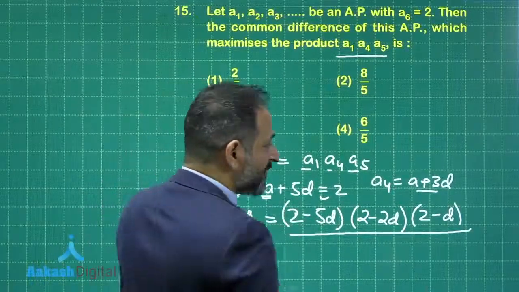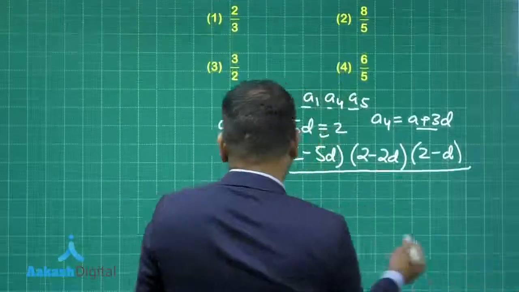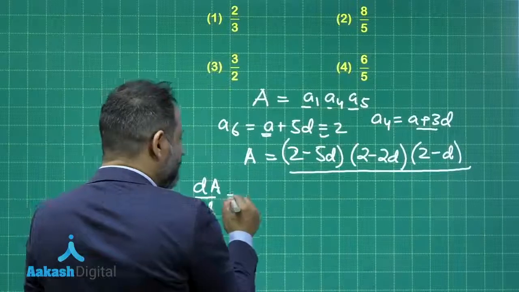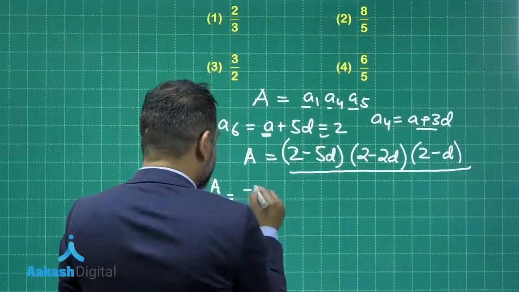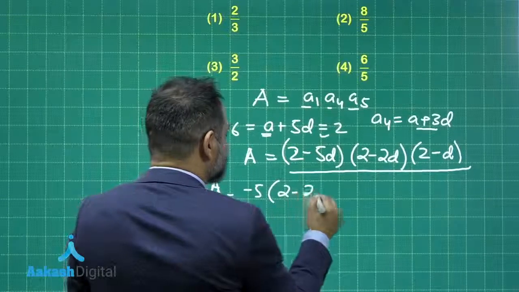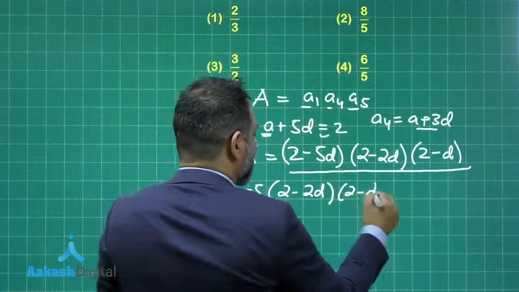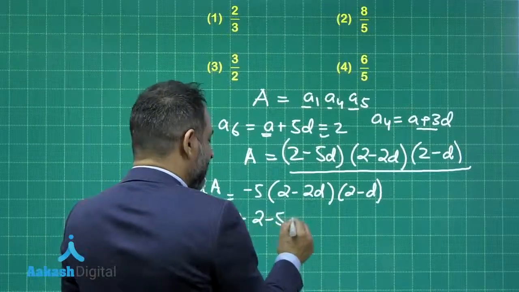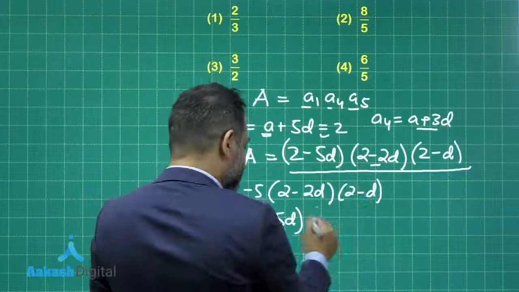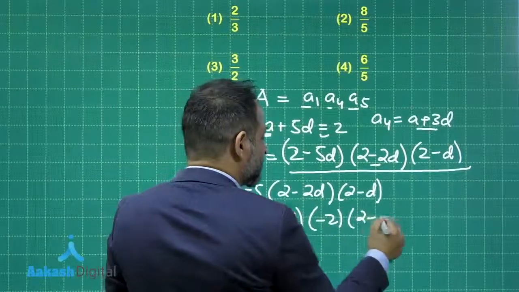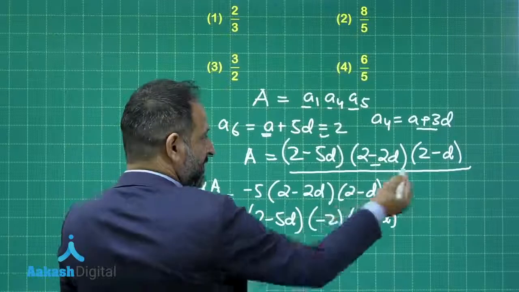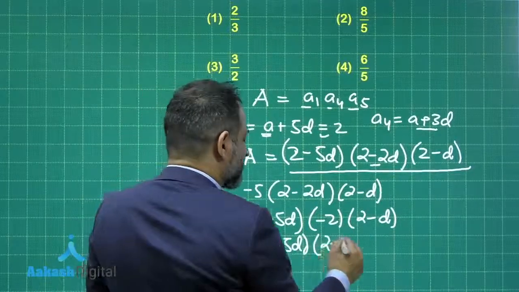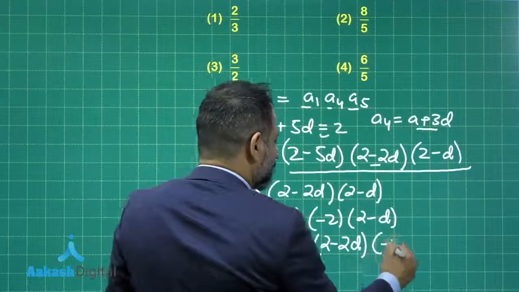So, we need to differentiate this. If you differentiate this with respect to D by applying the product rule, here we have minus 5 whole into 2 minus 2D into 2 minus D, again plus 2 minus 5D, differentiating the second term, this will be minus 2, 2 minus D, again the third term, that is this one, this is 2 minus 5D into 2 minus 2D into minus 1.